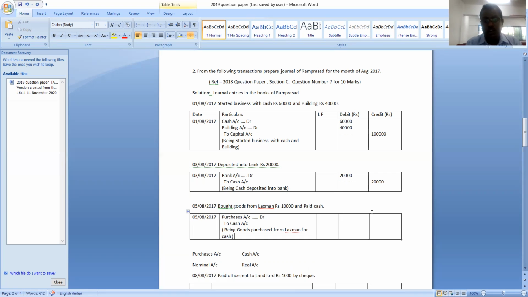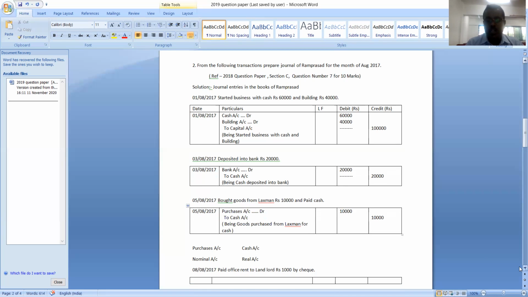Yes, this is how we need to write the narration. Ledger folio column will be nil, and in the debit column, parallel to the name of the account debited, is rupees 10,000. Here, parallel to the name of the account credited, is rupees 10,000. Here the credit column is nil, and here the debit column is nil. Understood? In the debit column, we should not write the amount parallel to the name of the account credited. In the credit column, we should not write the amount parallel to the name of the account debited.